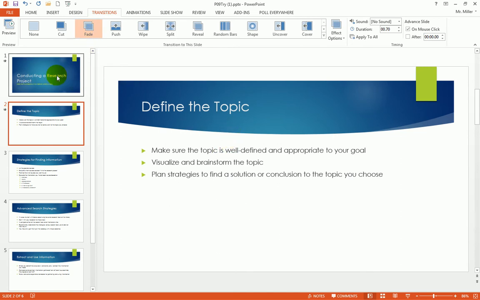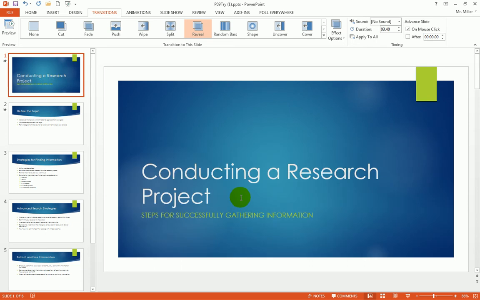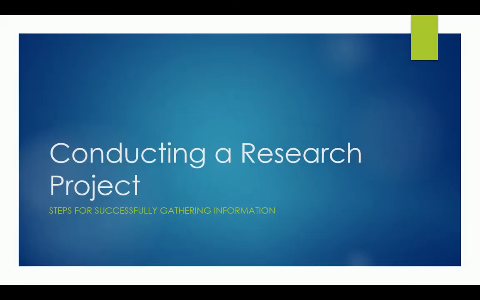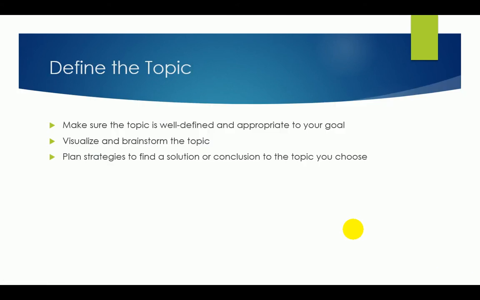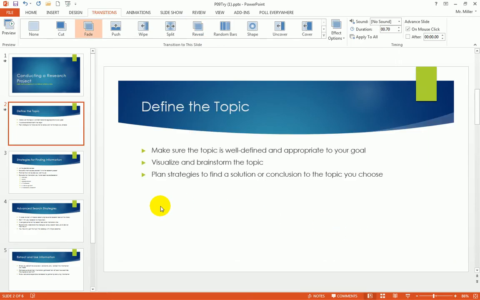Now that I have two transitions in place, let's take a look at it. I'm going to go to slide 1. I'm going to start my slideshow and I will see the first transition. I then click the left mouse button, or you can press the right arrow key on the keyboard, and that will then fade into the next slide. Pressing the Escape key to close out.